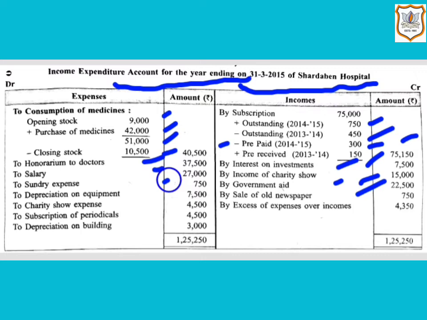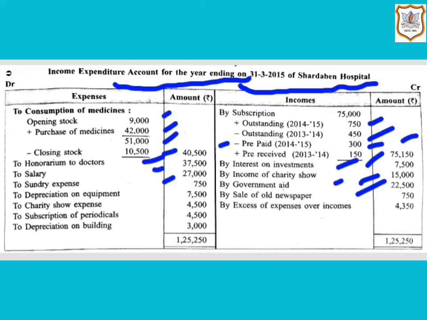Then equipment purchase, that is 33,000, is given. Equipment is an asset for the hospital. So equipment purchase will not be disclosed in the income and expenditure account, but here we will record depreciation on equipment. So let us see other information regarding equipment.